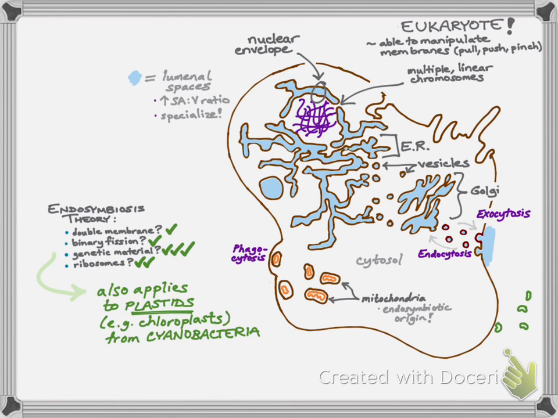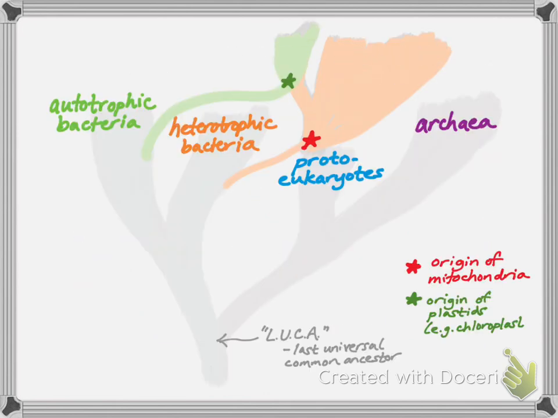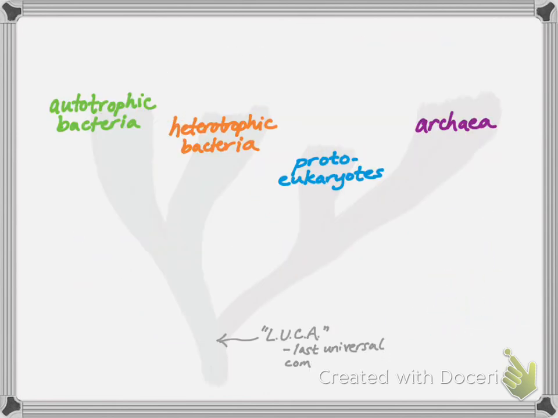Okay, just a quick recap. Going back to the tree of life, we last finished up just looking at these four major branches of bacteria and archaea, where our ancestors, the proto-eukaryotes, are effectively an archaeal cousin. Now, what we just talked about today is that our more recent ancestors are actually the merging of a proto-eukaryotic cell and a heterotrophic bacterium.